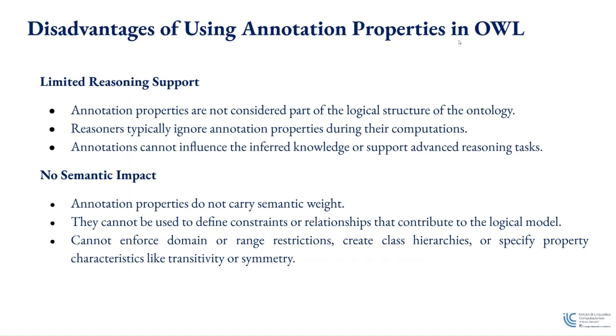And this annotation cannot influence the inferred knowledge or support advanced reasoning tasks. So the problem is from a reasoning point of view. There is no semantic impact because annotation properties do not carry semantic weight. They cannot be used to define constraints or relationships that contribute to the logical model.